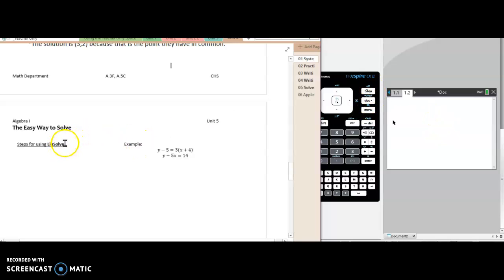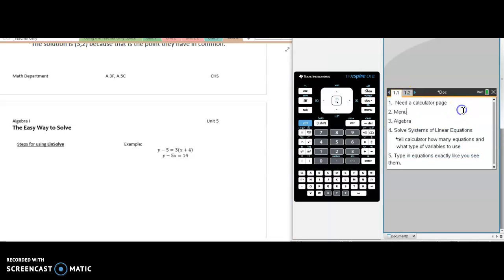Whenever I say use LinSolve, you're going to use your calculator, and then there's a few steps. So here's the steps. First of all, you're going to need a calculator page, okay? Then after you get a calculator page, you're going to hit Menu, and then Algebra, Solve Systems of Linear Equations.